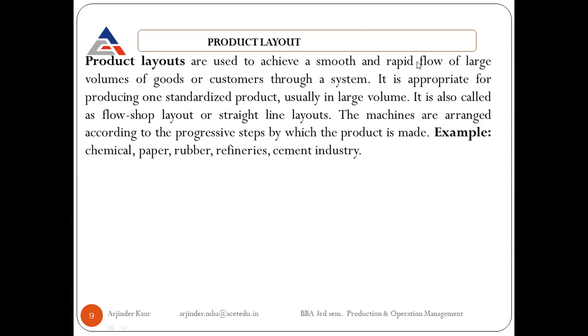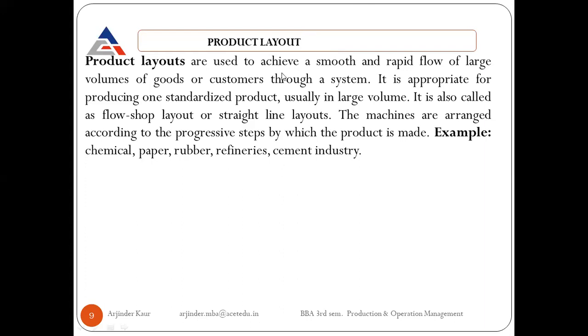Because herein all the machineries and equipments are being placed in one line in a sequence. So one after another, if the product has to pass through 4 or 5 stages, all the machinery that are required in those 4 or 5 stages are being placed in a sequence.